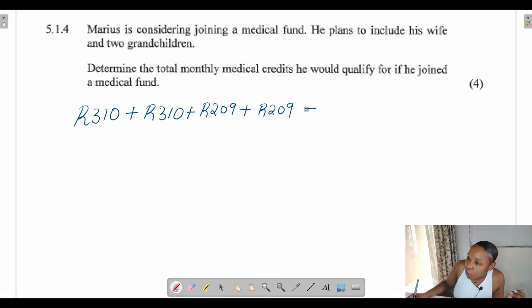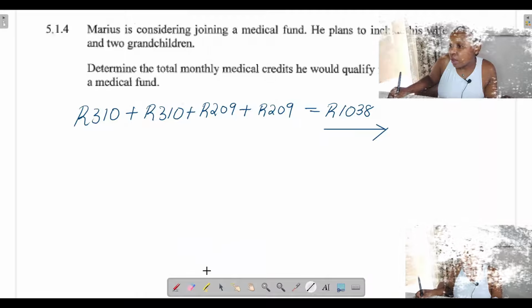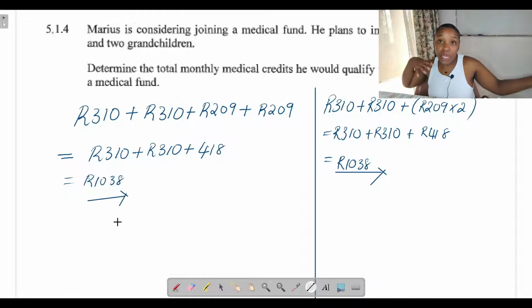Okay, so if you were to punch that into your calculator, you'll find that now if Mr. Marius wanted to join a medical fund, he would then spend 1,038 rand, right? And that is basically for 4 marks, right? So that is basically how you will tackle that question.